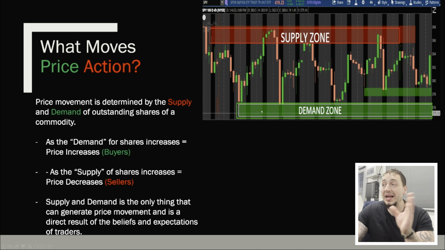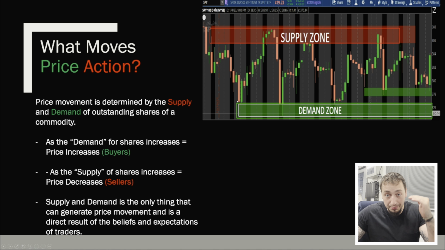Now how we identify those, I break into in a whole other lesson, but just a real quick summary: over here at 376, every time price comes into this 376 demand area, price goes up. This means every time we're in 376, there's large buyers. There's people interested in this commodity at 376. They agree that this is a good price for the commodity.